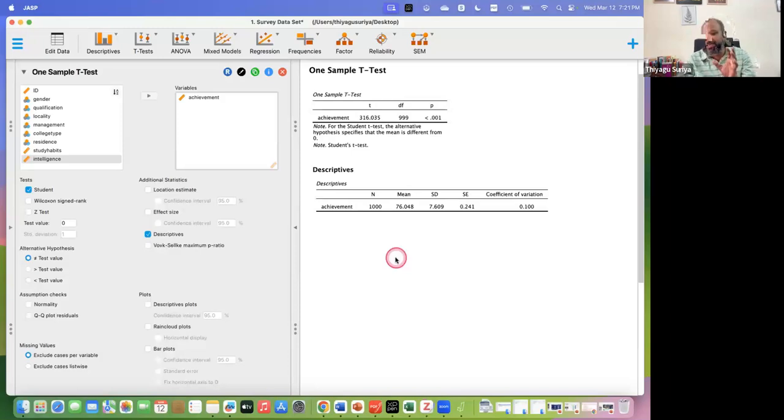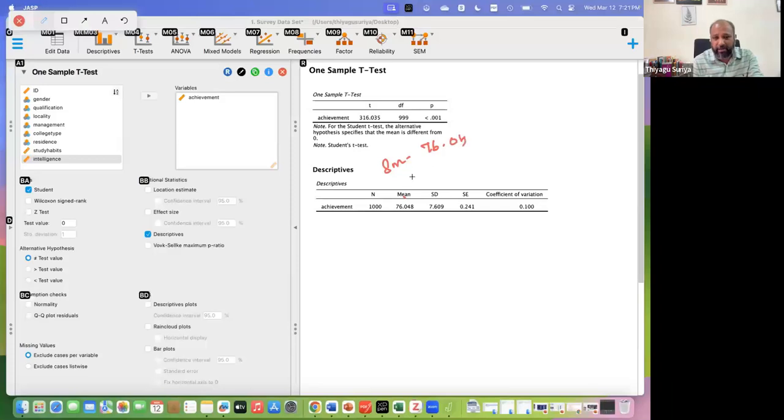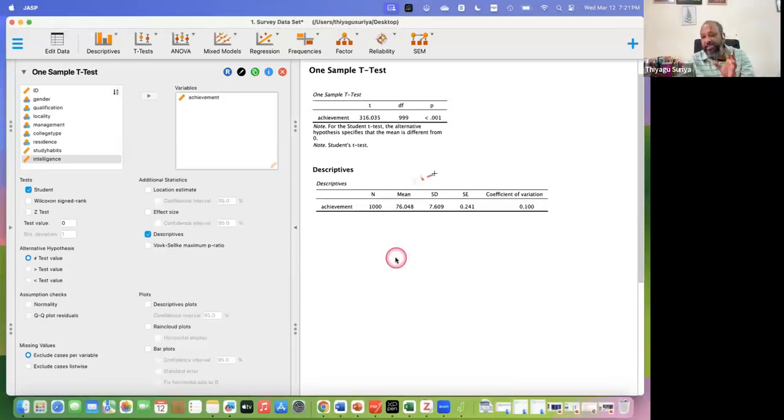What is the population mean in this case? My sample mean is 76.048, but I found from secondary data that my population mean is 83. Whether the population mean or sample mean is better? Population mean. Automatically there is a mean difference, right?